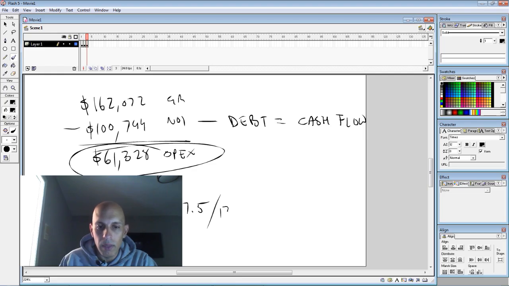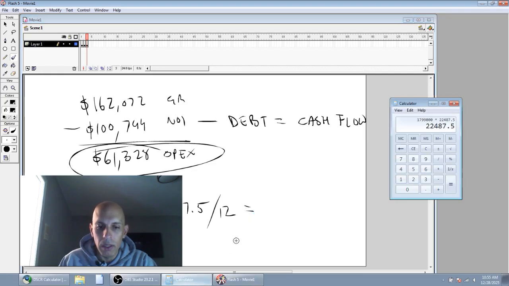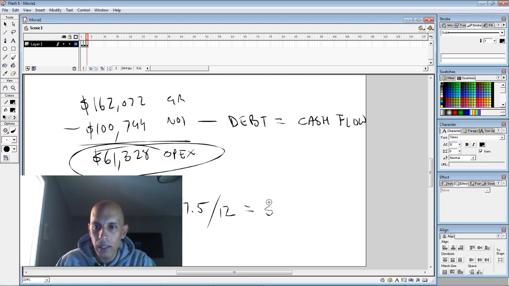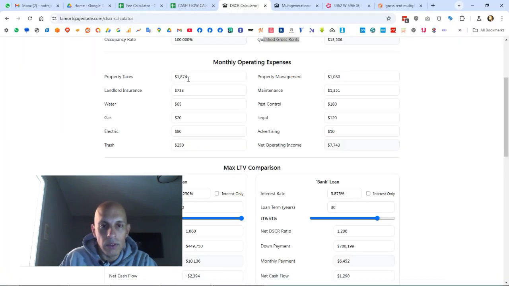And if I were to divide that by 12, that would give me the monthly cost. 22,487.5 divided by 12 is equal to 1874 roughly, which is what we have here.